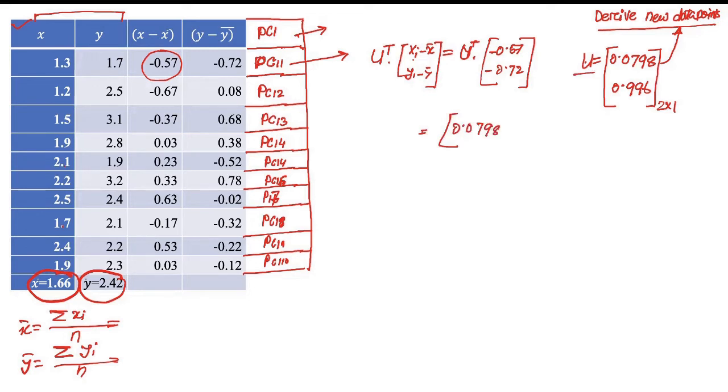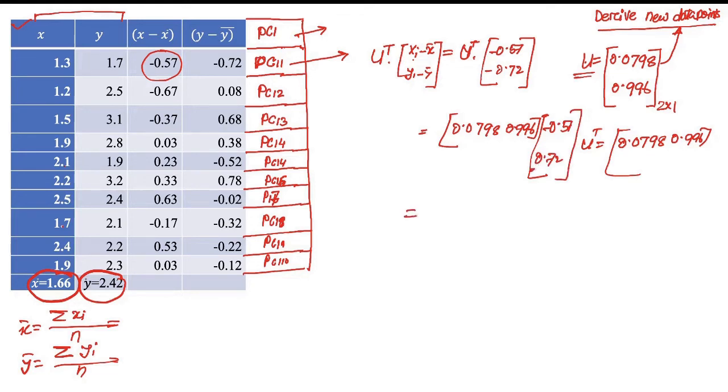If u is equal to this one, then u transpose will convert the column into a row: 0.0798 and 0.996. This matrix will come here, and we will multiply it with minus 0.57, minus 0.72.